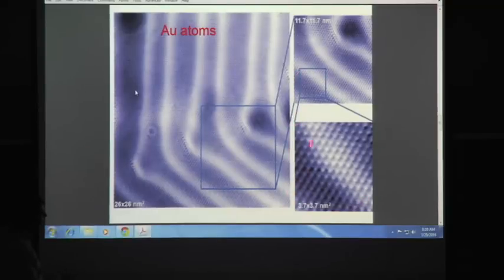This box is of size 3.7 nanometers times 3.7 nanometers. And here you can see individual gold atoms in a periodic arrangement, which is the crystal structure of gold imaged by STM.